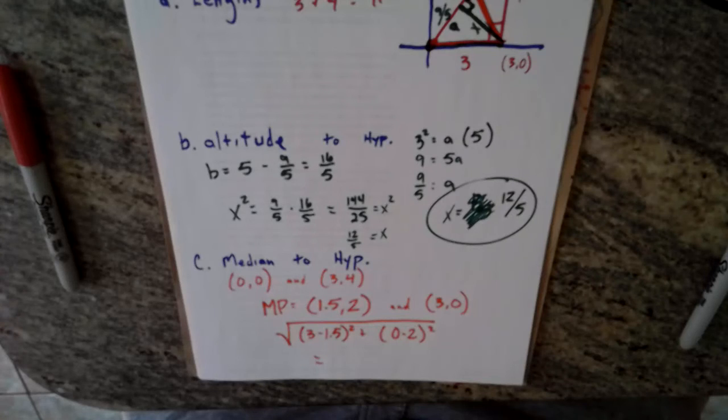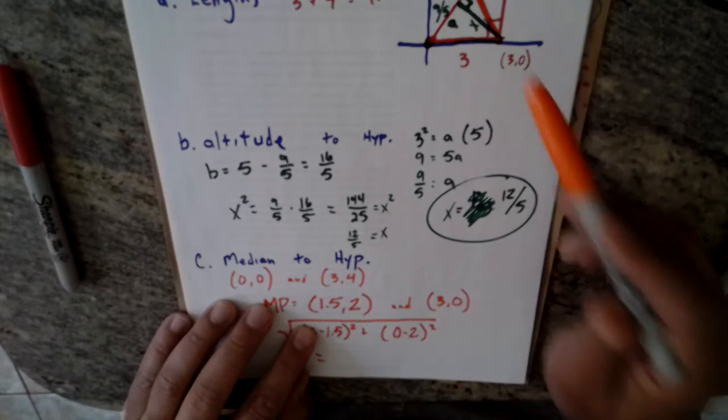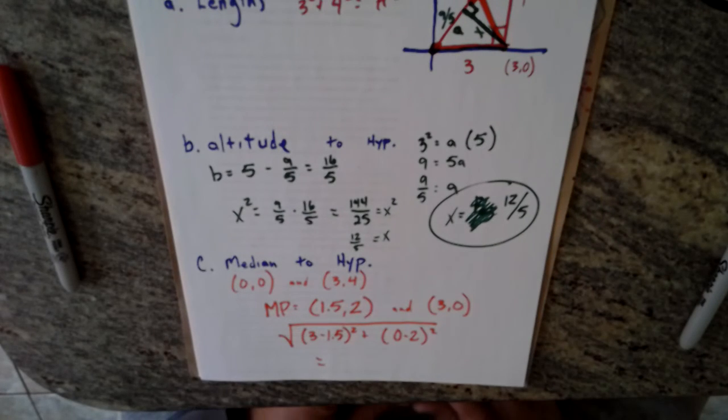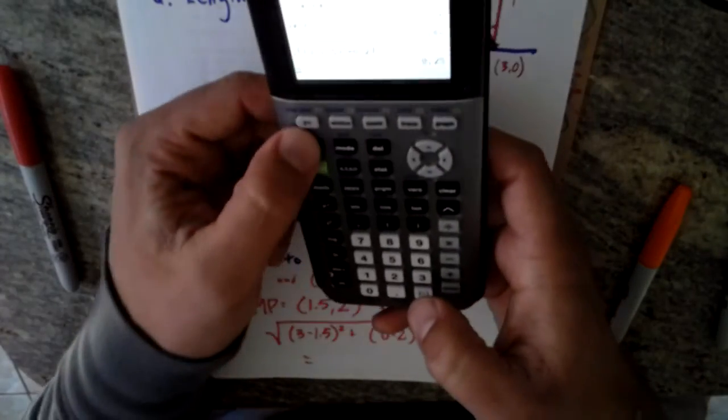Hold on a sec. The distance between (1.5, 2) and (3, 0). No, that cannot be right. I didn't have my parentheses. Got it.